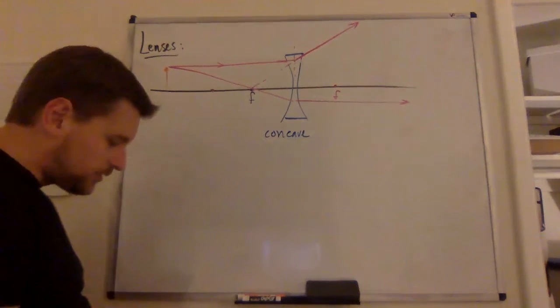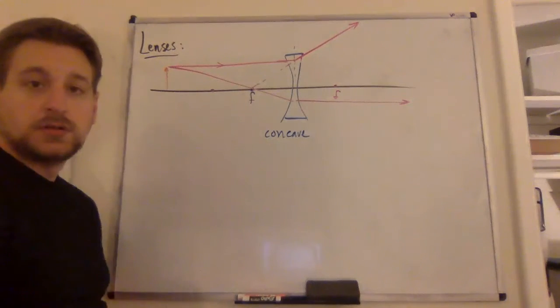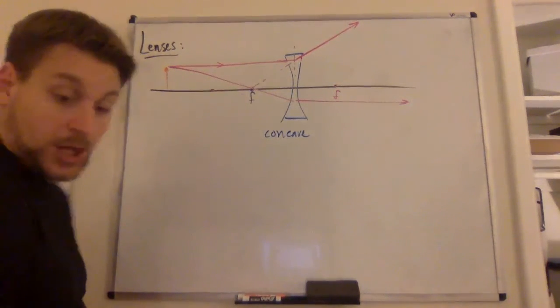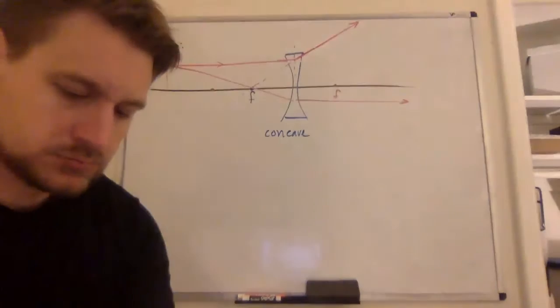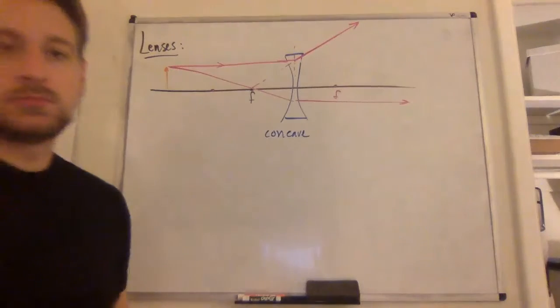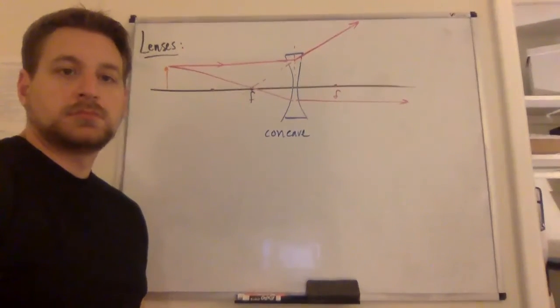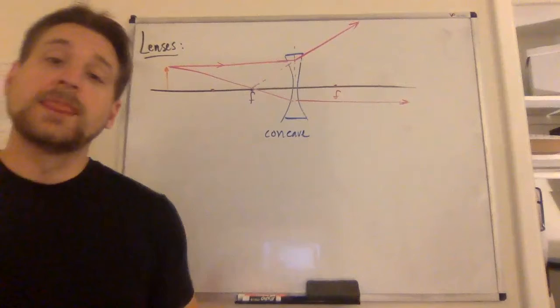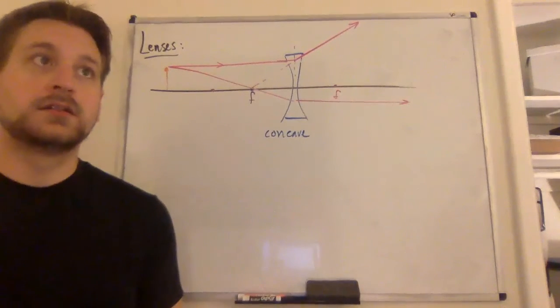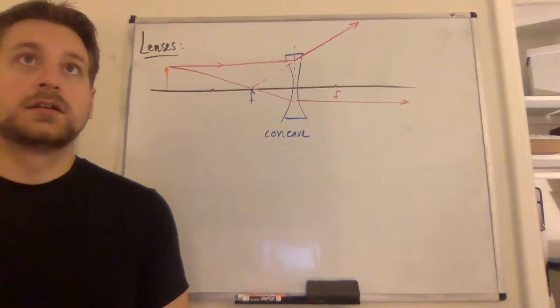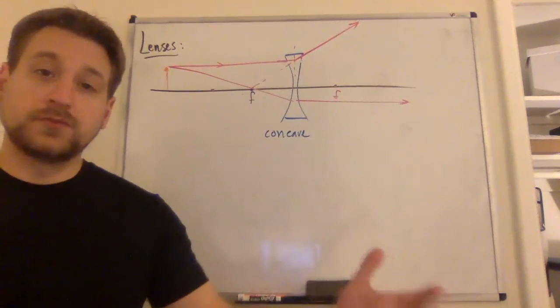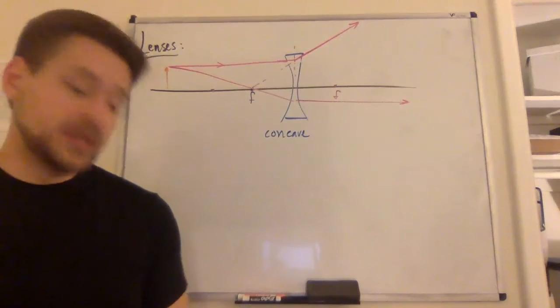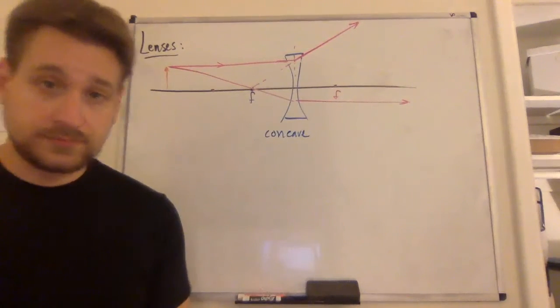So what's the third ray that we draw for a lens? The answer is we don't really need a third one, just like we didn't really need a third one for other ray diagrams we drew for mirrors.